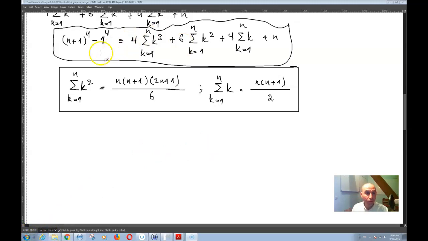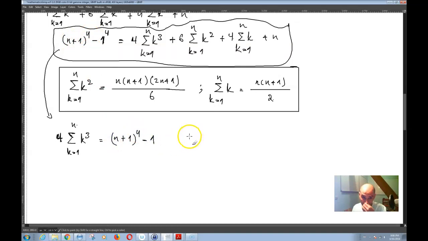I can take this formula and write it as, for example, 4 times sigma k cube as k goes from 1 to n is equal to (n plus 1) raised to the power 4 minus 1, and then you have minus 6 times sigma k squared as k goes from 1 to n, minus 4 times sigma k as k goes from 1 to n, minus n.